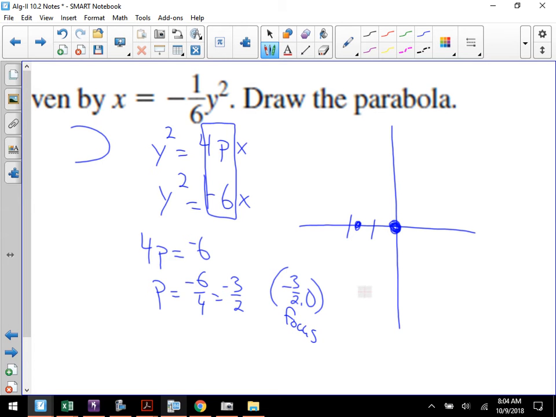To counterbalance that, going the opposite direction from the origin, I have to go to the right 3/2. My directrix then will be a vertical line at x equals 3/2. And that's what it does.